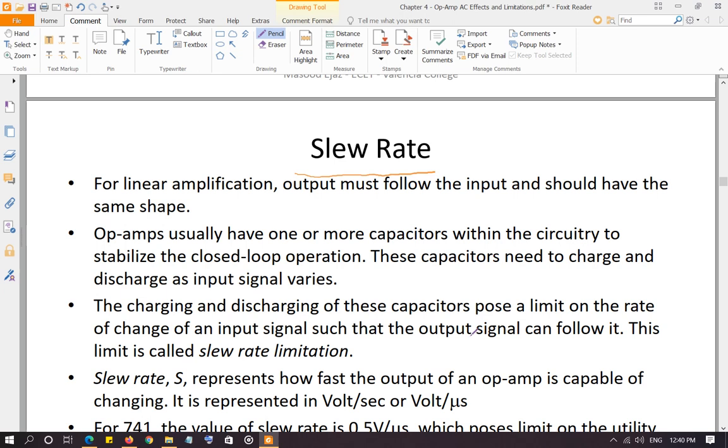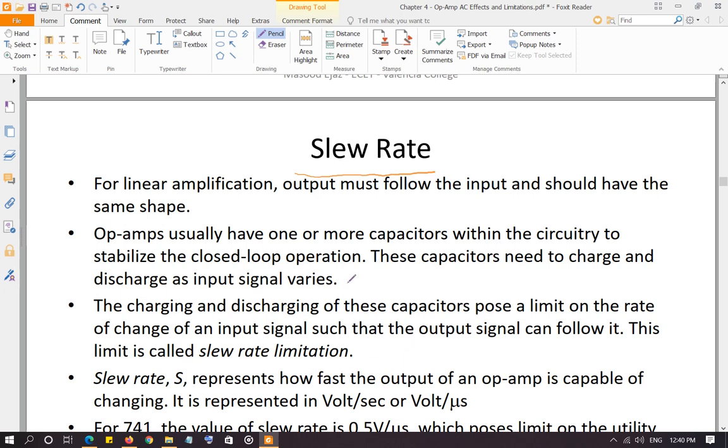And if that time becomes larger than the time it takes for one cycle of the input, then the output shape and the input shape will be different. So that's why this study is important: what are the limitations, what frequency should we use at the input, what rise time should we use if it's a pulse signal. That's a study that we are doing right now.